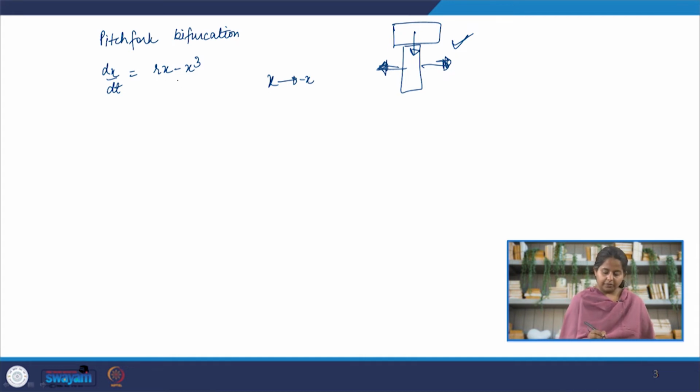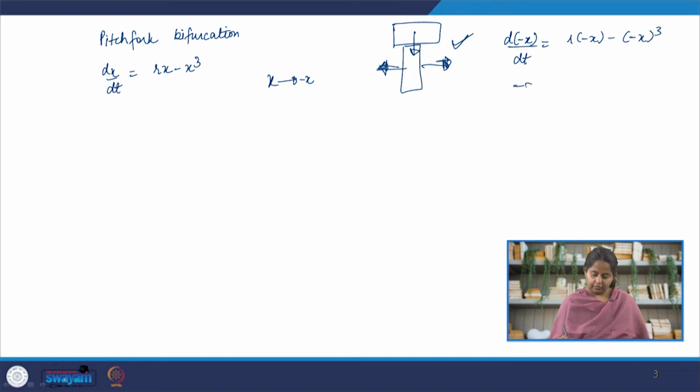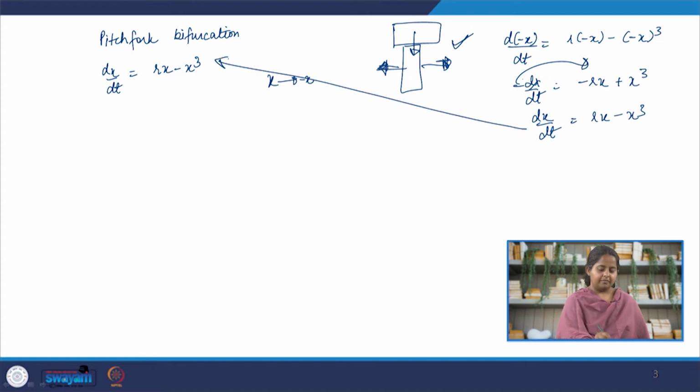So, if I replace x with minus x, this is what happens. Take the minus from the left-hand side to the right, and we come back to what we started from. So, basically this system is symmetric when we replace x with minus x.